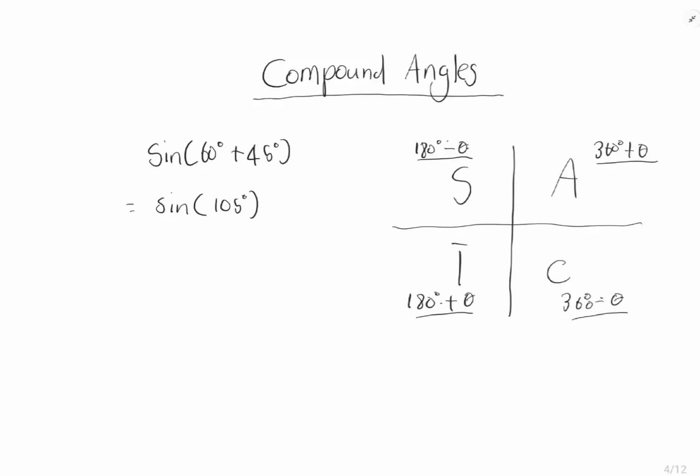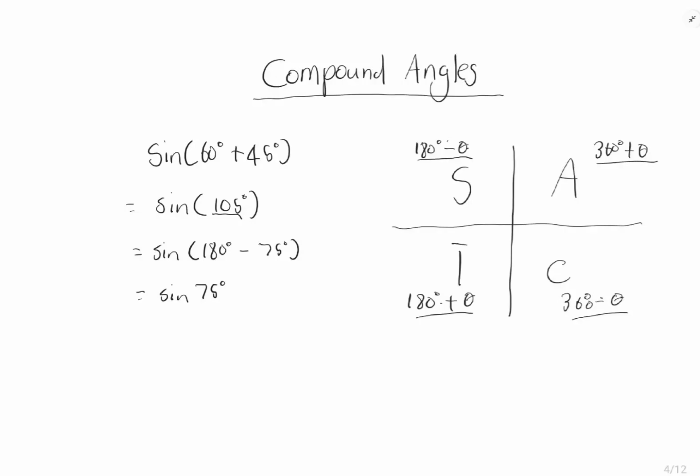And then we can go ahead and say sine of 180 degrees minus 75 degrees, because 180 minus 75 is going to be 105. And then you're going to end up with this form over here. Then you're simply going to say sine 75 degrees. Well, yes, this is technically correct, but this is not something you want to do, right?